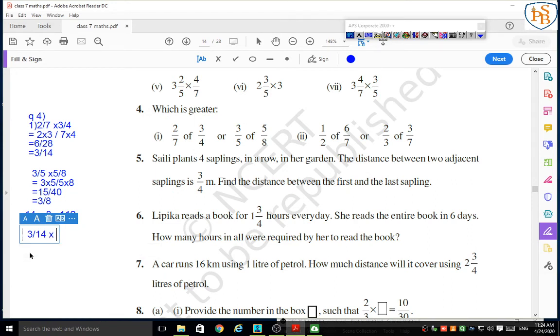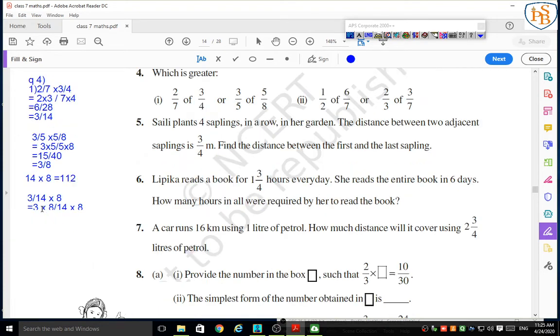So the next step will be 3 into 8 upon 14 into 8. So my answer will be 8 3s are 24 upon 14 8s are 112.